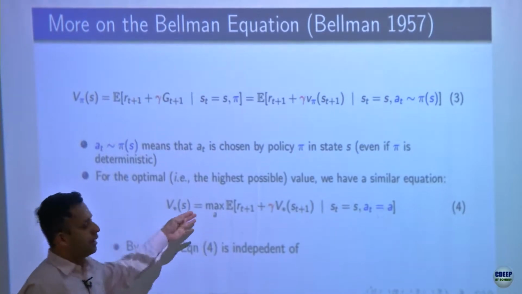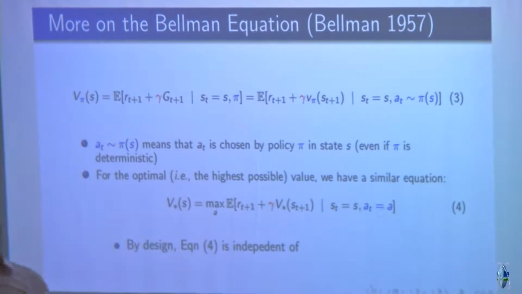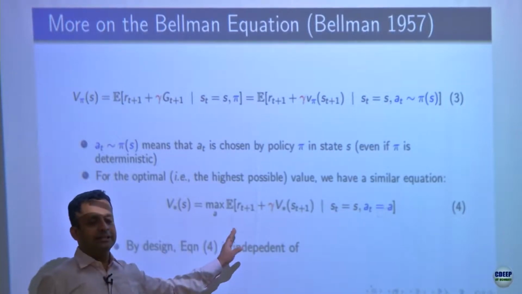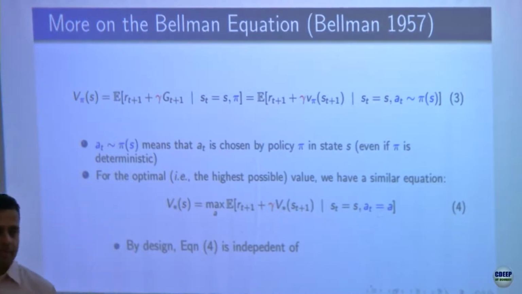So instead of just the expected value, imagine that you wanted to maximize the cumulative expected reward over all possible actions or all possible policies. That corresponds to V star. So V star has this additional max over all possible policies. V pi already had this structure, which I have written on the board as well.